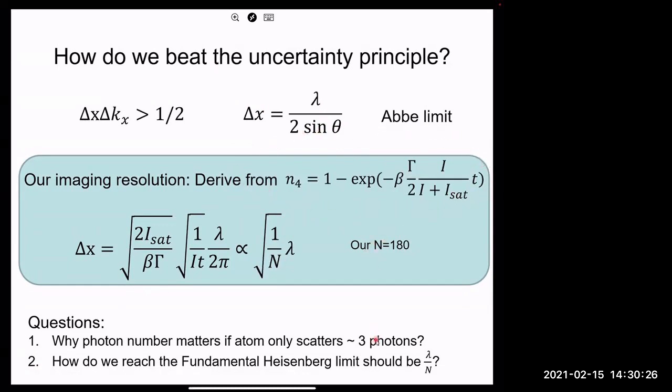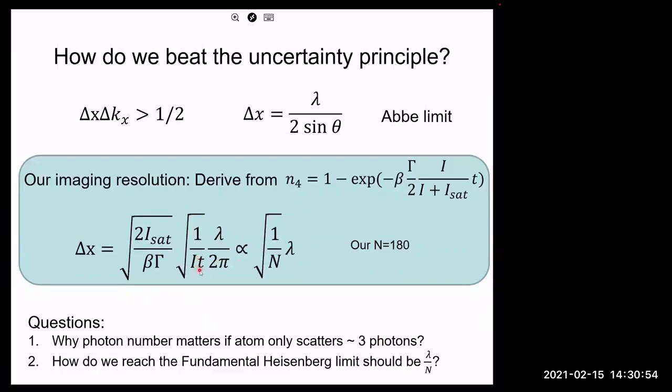You can also say that's just smoke and mirrors. All the nonlinearity makes it look fancy, but you can see what exactly is the resolution we get. Based on this, you can derive the resolution looks like this. There's some constant, we can throw the constant away, it doesn't matter. There's also the wavelength. 2 pi, that's a constant, throw that away. And then there's a 1 over square root of intensity multiplied by time.